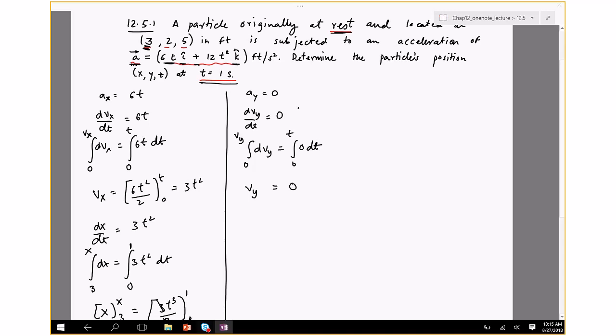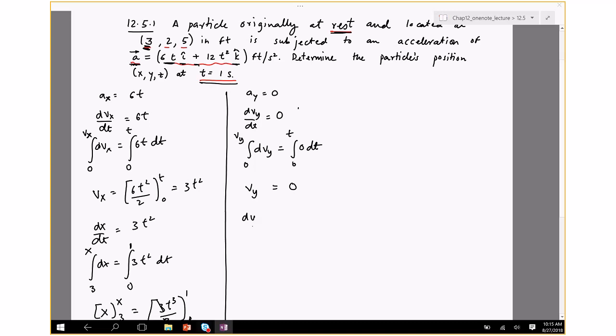Just think of it this way: if a particle is at rest and subjected to 0 acceleration in the y direction, its velocity is going to be 0 because there's no acceleration. If the velocity is 0, it's obvious that the position is going to be 0, right? So you could use that reasoning, or you could just use the integral.